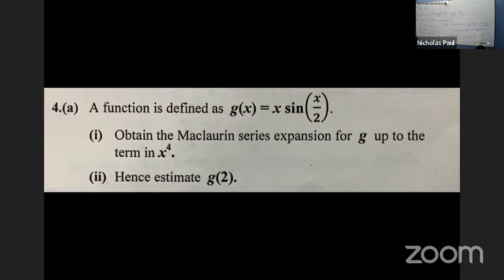If you keep it as x plus, it's okay. So you had to use product rule and then product rule and then product rule, up to x to the 4th. 8 marks for that.